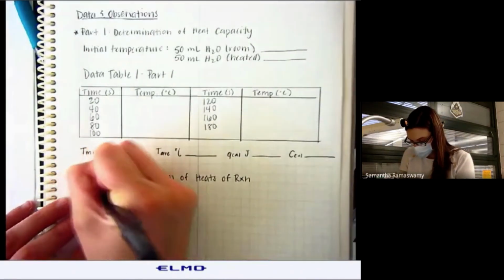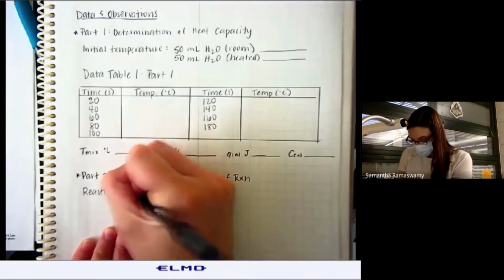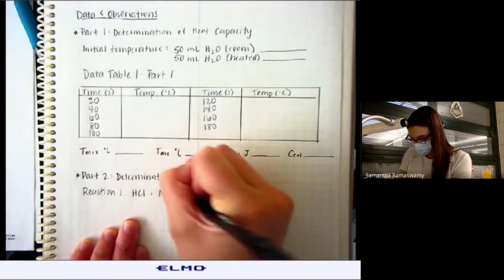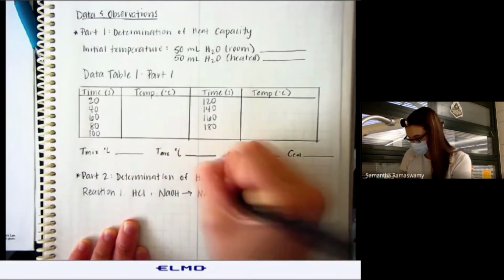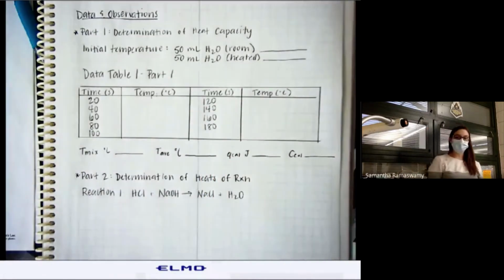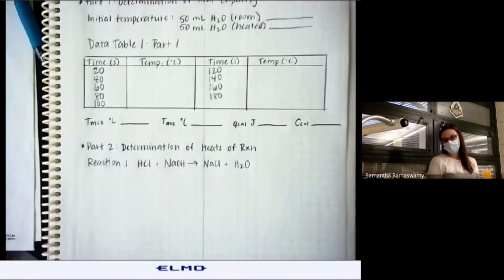We do want to split it and make sure that we can tell from each reaction. So I'll start by putting reaction 1. And I'll write out the reaction just in case we need it. NaCl, H2O. Then we'll go through just like before and we'll put initial temperature. We'll draw our data table and then we'll include the variables at the bottom.